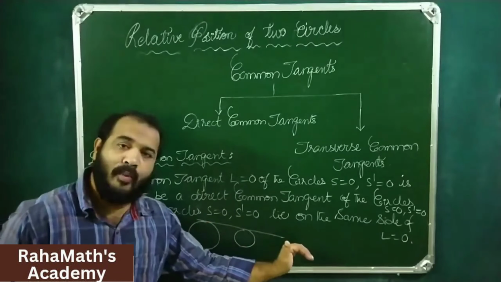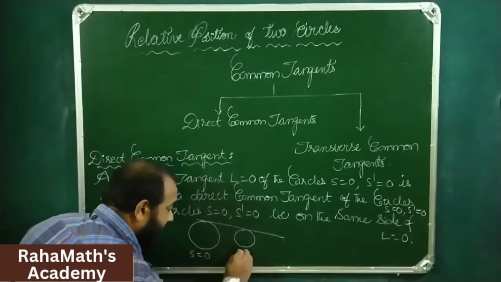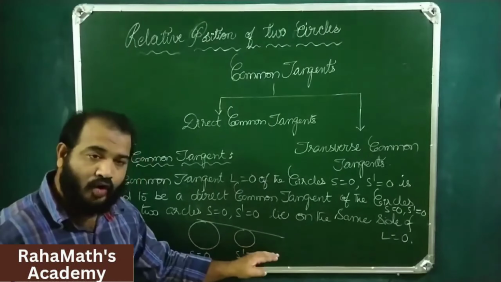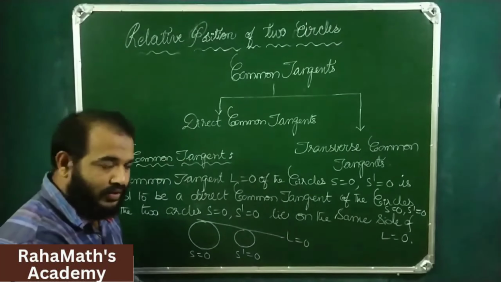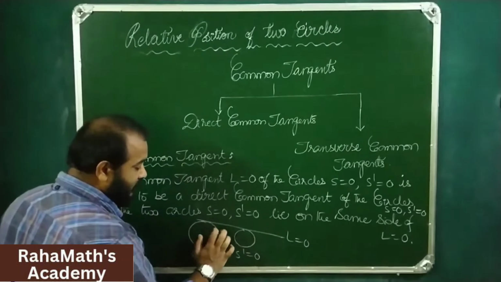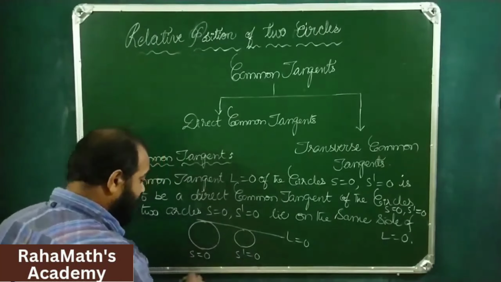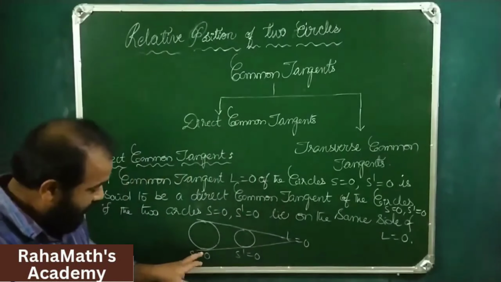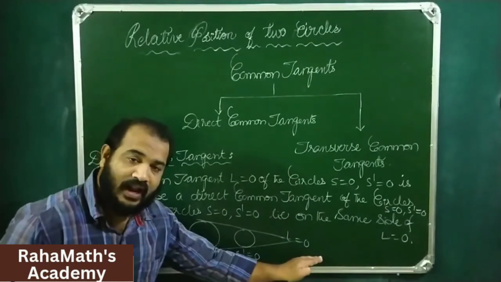Therefore, it is said to be a common tangent. And these two circles S = 0, S' = 0 are lying on the same side of the line L = 0. For this line, these two circles are lying on the downside, and for this other line, these two circles also lie on the same side of the line.